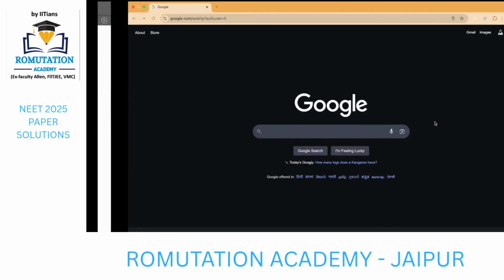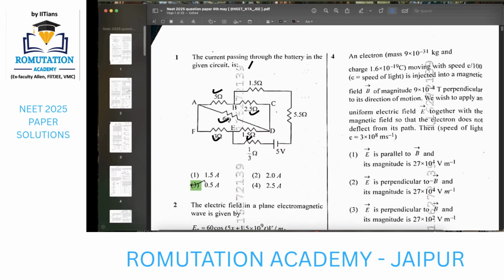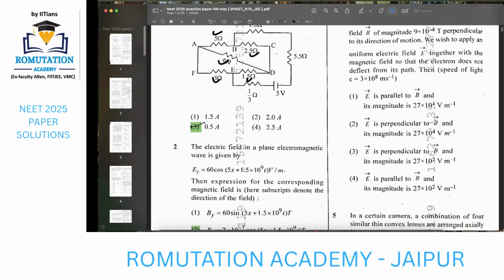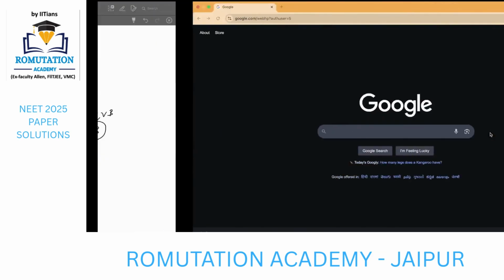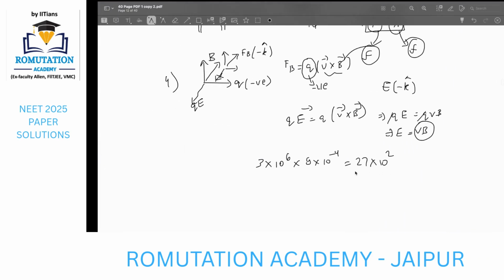B is also 9 into 10 to the power minus 4, that is also in SI units. So what should be the answer? I think we are getting near to the correct answer. As we can see, in the third and fourth options, 27 into 10 to the power 2 is present, which is what we are also seeing.